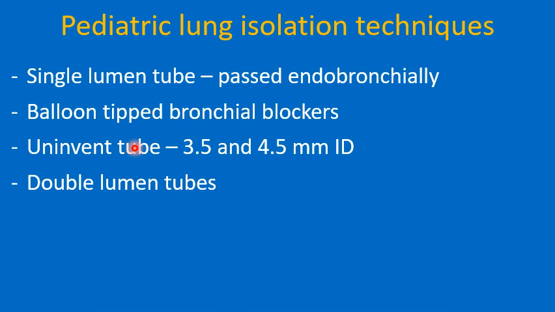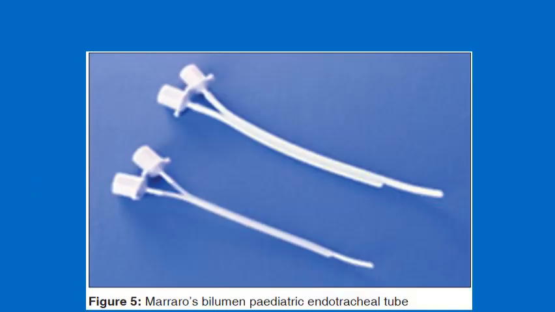Even smaller size Univent tubes are available, that is 3.5 and 4.5 mm internal diameter. And in case of adolescent patients, we can go for smaller size double lumen tubes, that is 26 or 28.